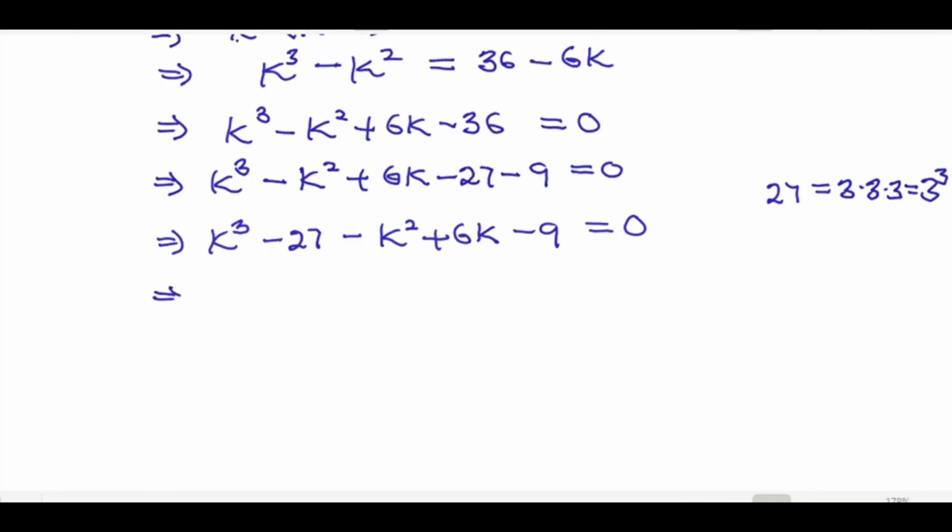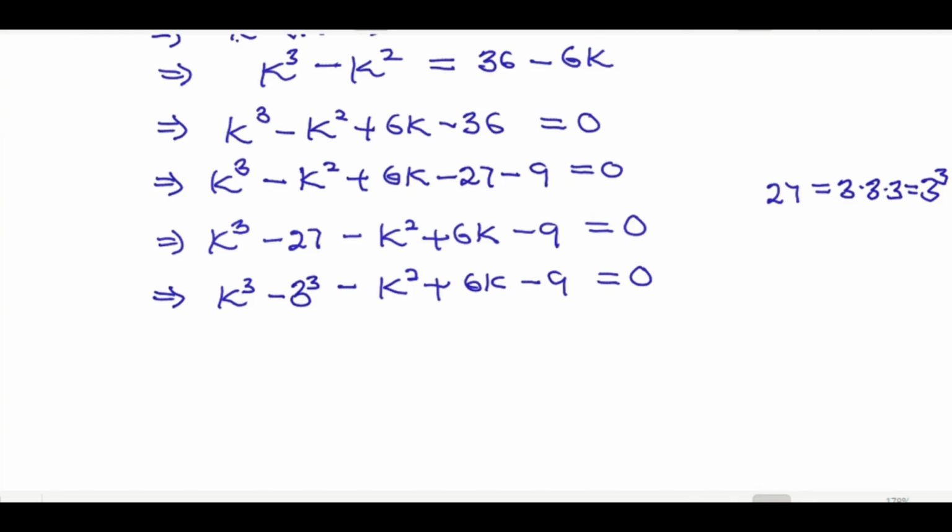So we can write this one as k to the power 3 minus 3 to the power 3, minus k squared plus 6k minus 9 equals 0.